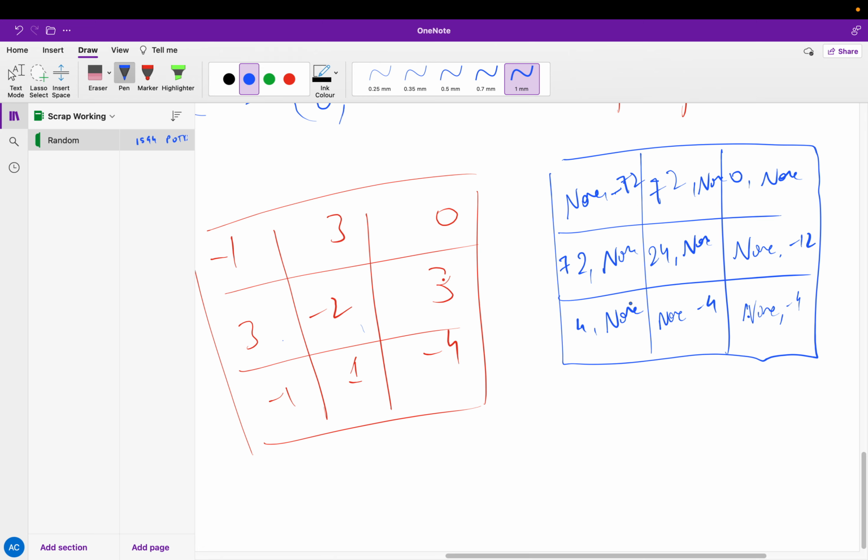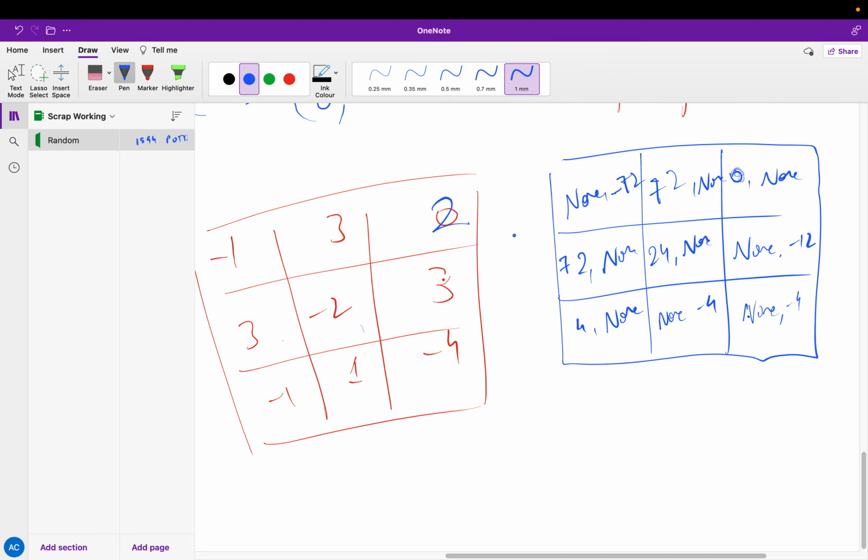So is it better to have a 0? Is it better to somehow permeate the zeros across? But is it only the zeros? What if this was like a 2?